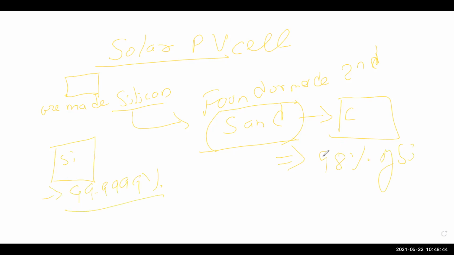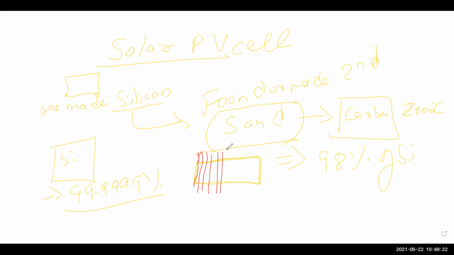Now this is purified through the process with carbon. Then it is melted, heated to around 2000 degrees Celsius, and formed in this shape, where very thin layers are cut off.